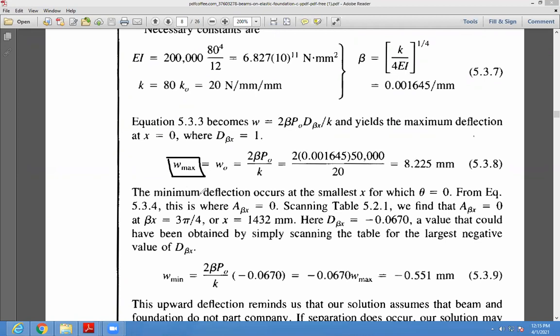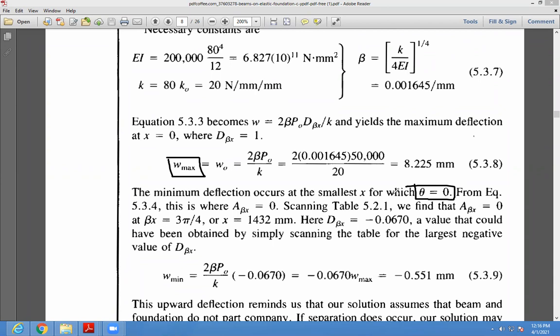Now we have to find out the minimum deflection. The minimum deflection occurs at the smallest value of x for which theta is equal to 0, that is slope is equal to 0, that is rotation is equal to 0, right? For this, there is one table, the value of beta x depending upon the value of theta.